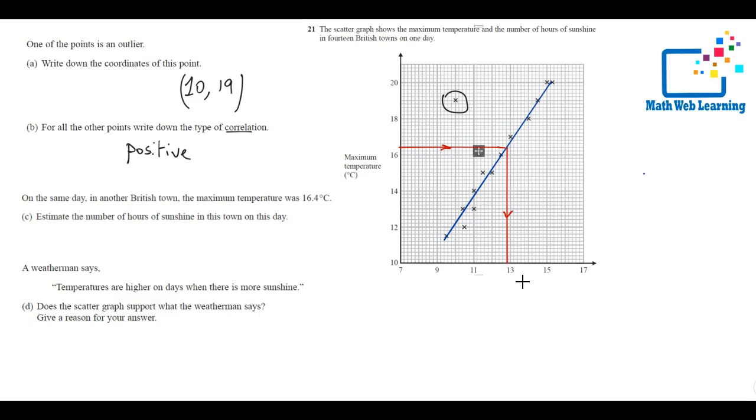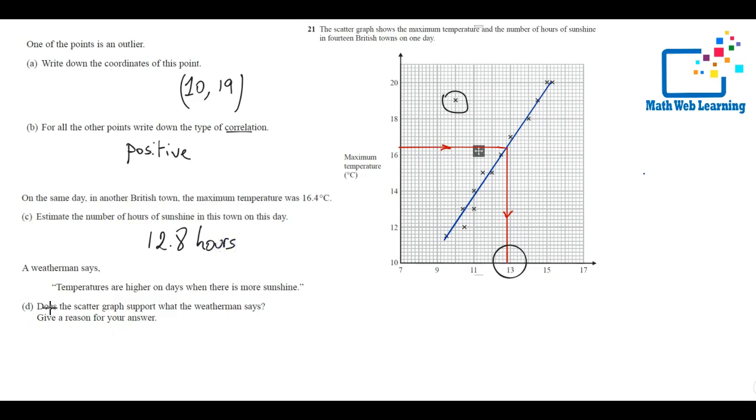That gives you the number of hours of sunshine. It's going to be 12.8. I read 8 hours. You could say 13 hours.